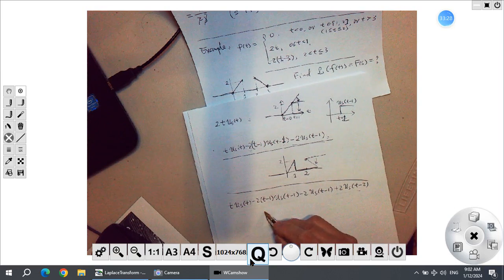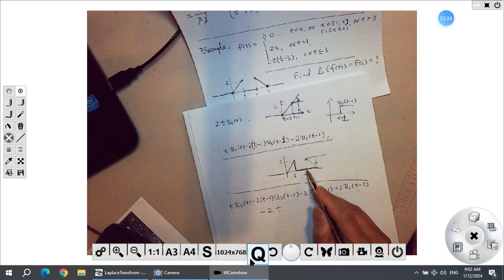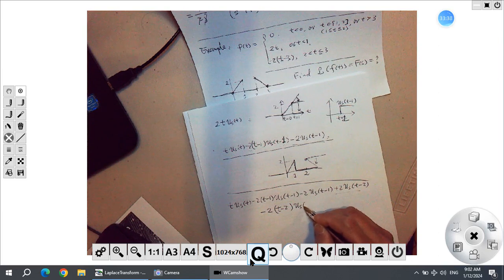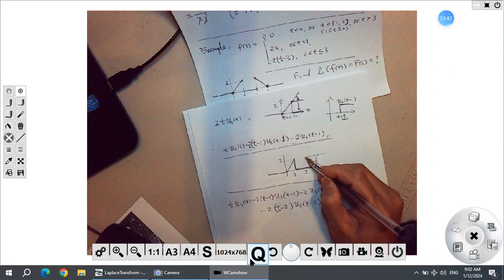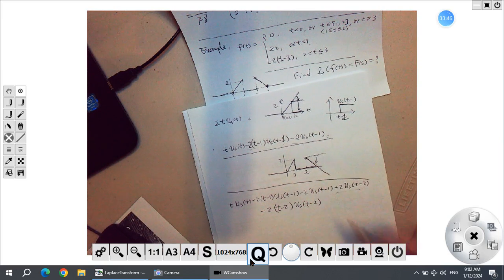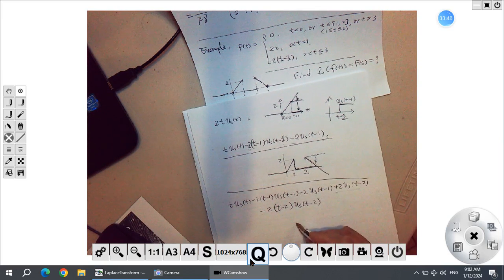So the slope is negative 2, and the ramp will be t. Now it's happening at 2, so t minus 2, and u(t minus 2). So after this, I get this one. So it looks like this.